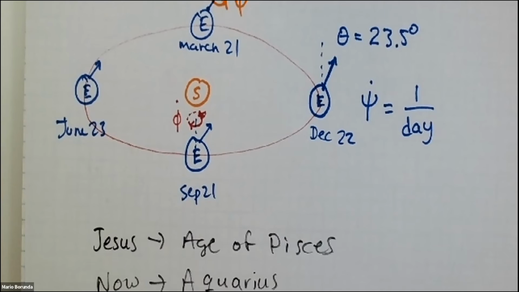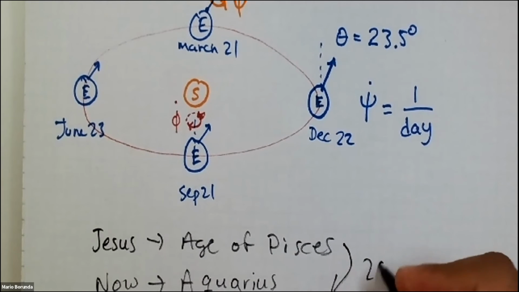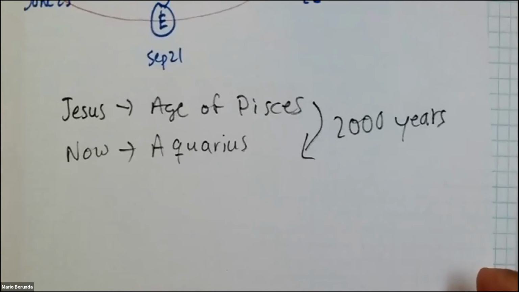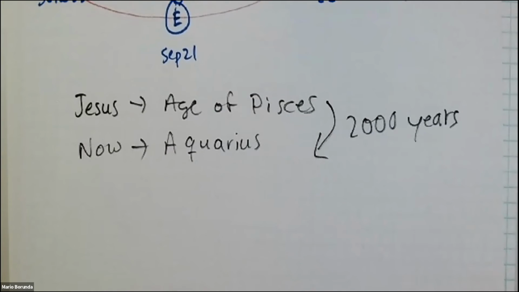If you look at the order of the houses, we have traveled through all of them in around 2000 years, and we're one behind where Jesus was. So we're in Aquarius, and then there's Pisces. So this took 2000 years. So we did almost the whole circle. So we traveled backwards one by this age, right?